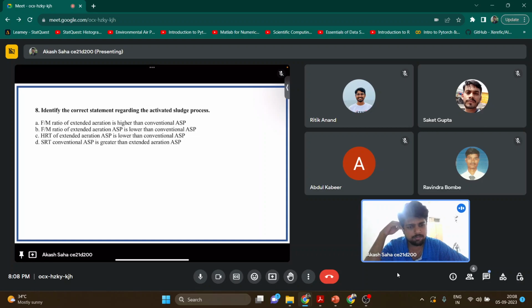We have seen various modifications in ASP. So here we are comparing extended aeration and conventional ASP.